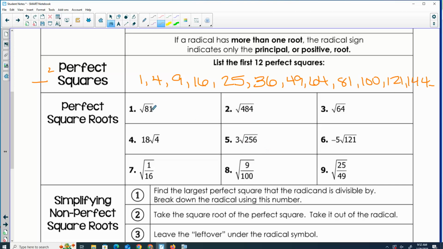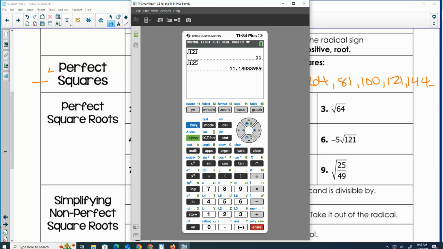So let's take a look. If I say the square root of 81, that is 9. You might recognize that because 9 to the second is 81. If you didn't, you can do second square root of 81 on your calculator and it gives you 9.